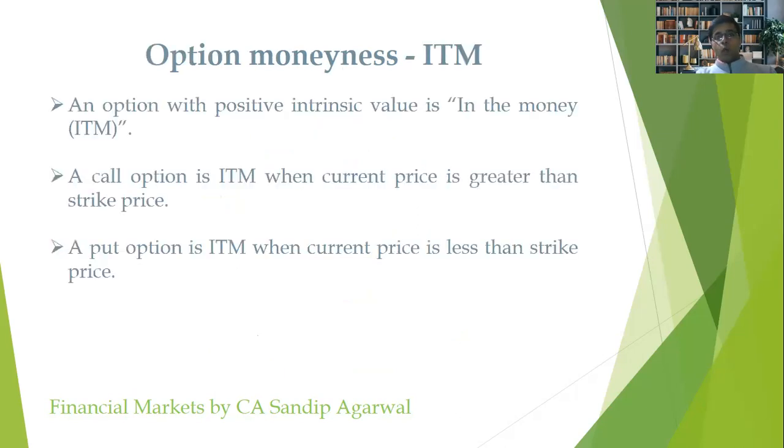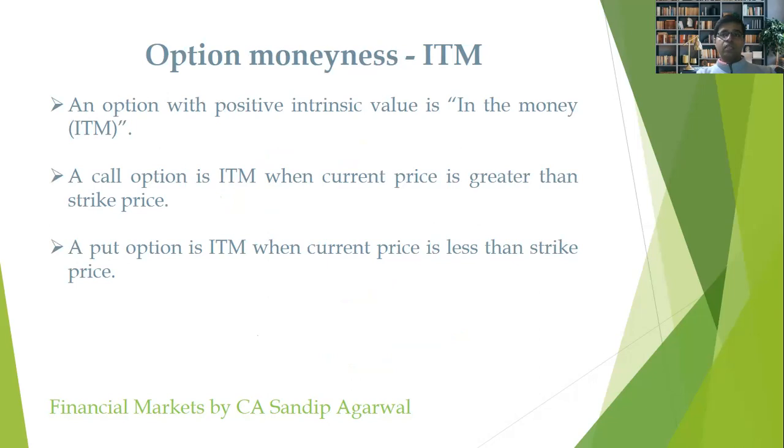An option which has a positive intrinsic value is called in the money. The example we just spoke of, the 17,800 strike call option where the futures was at 18,000, is an in the money call option because it had a positive intrinsic value. So when is a call option called in the money? When the current price is greater than the strike price.